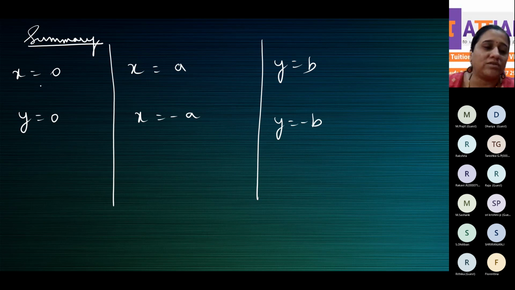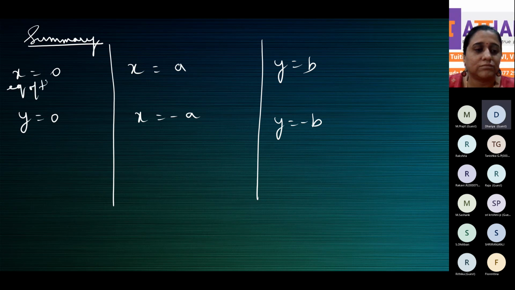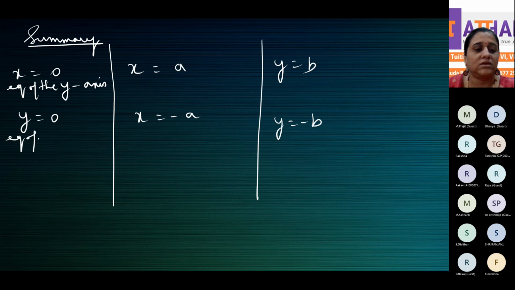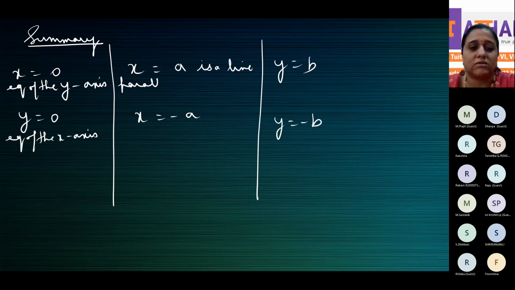So what is the equation x is equal to 0, children? Equation of the y-axis. What about y is equal to 0? Equation of the x-axis itself. Very good. What about x is equal to a? Is it a line parallel to which axis?